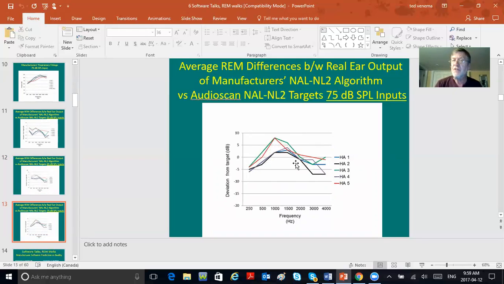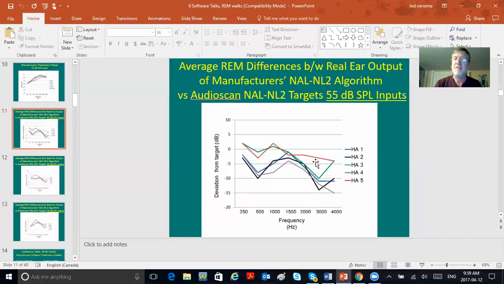If all the manufacturers' lines laid right down on top of 0, it would mean the manufacturers were implementing NAL2 exactly the way it was meant to be implemented. The only ones that are really telling the truth are the real ear measurement systems. So if manufacturers were truly adhering to NAL2 as intended, all 5 of these lines would lay straight across 0. Okay, let's go back to 55.